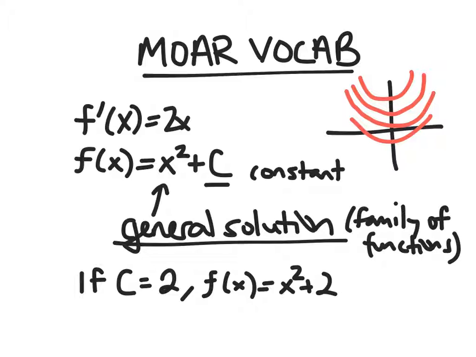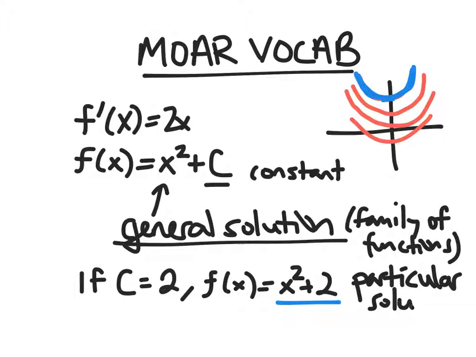Here we go up 2, and we're looking at this blue one only in this family. This is what we call a particular solution. Once you specify a value and get one function out, you get a particular solution instead of a general solution.